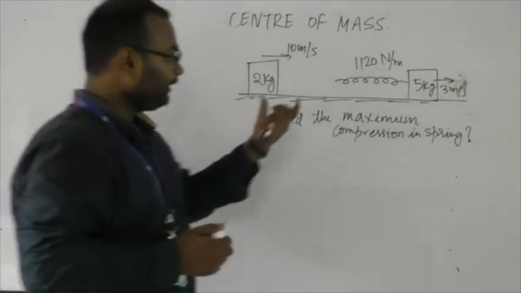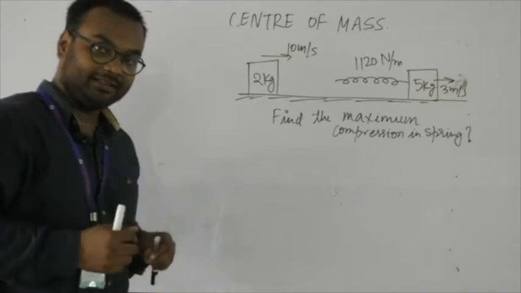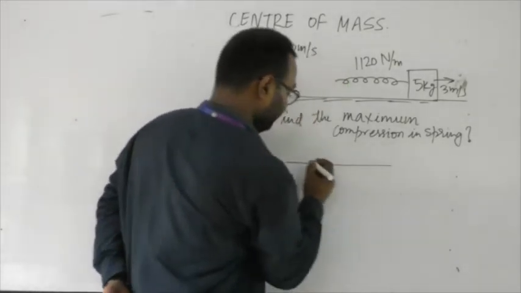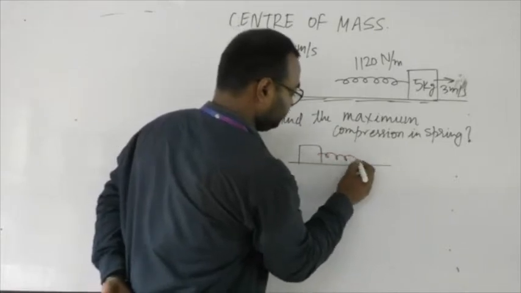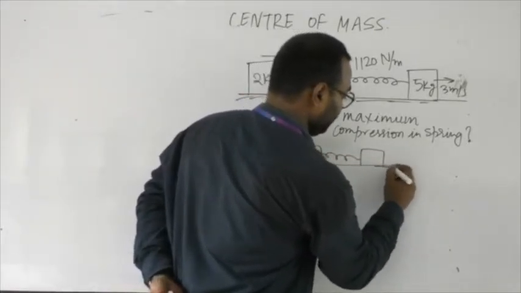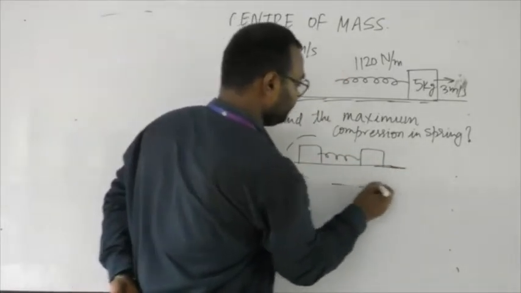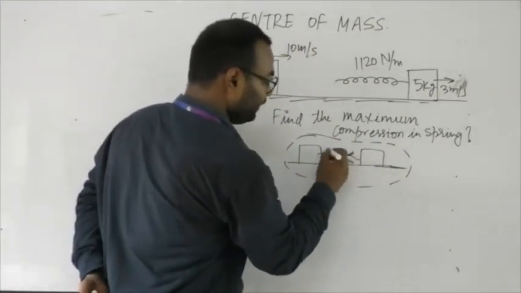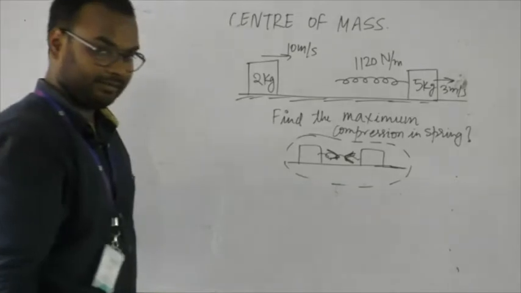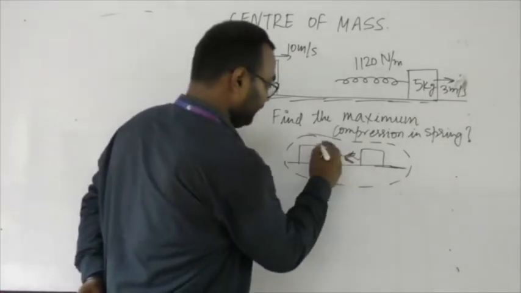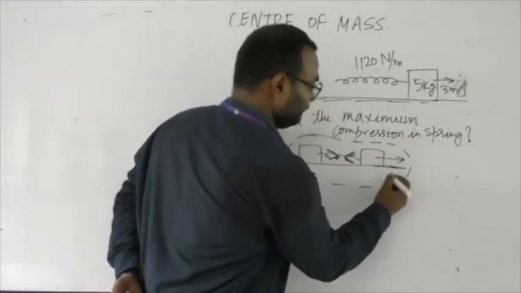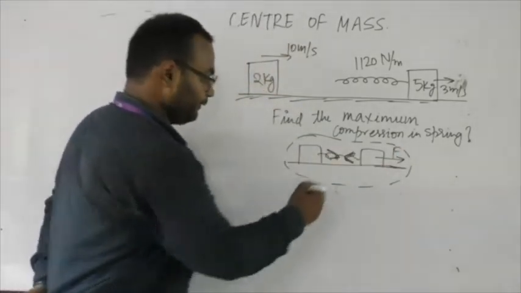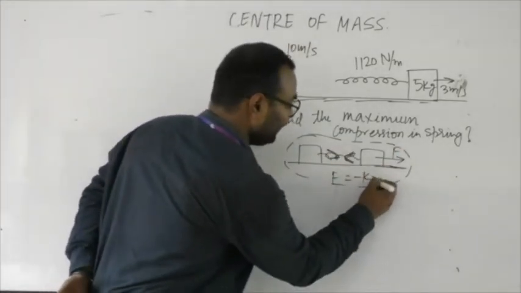And the spring, as a system, has internal forces, because whatever spring force is there, they become internal forces, right? If this is going in this manner, some force is there, so the spring will have the opposite force, which is minus kx.